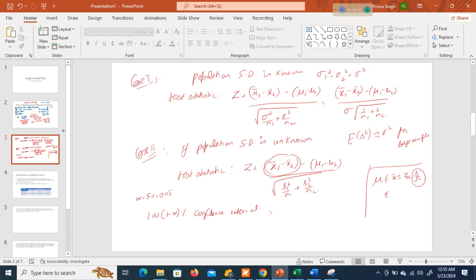Basically this is the sample mean plus minus z alpha times the standard error, and this is the formula of the standard error. So the confidence interval is x1 bar minus x2 bar plus minus z alpha times the standard error.